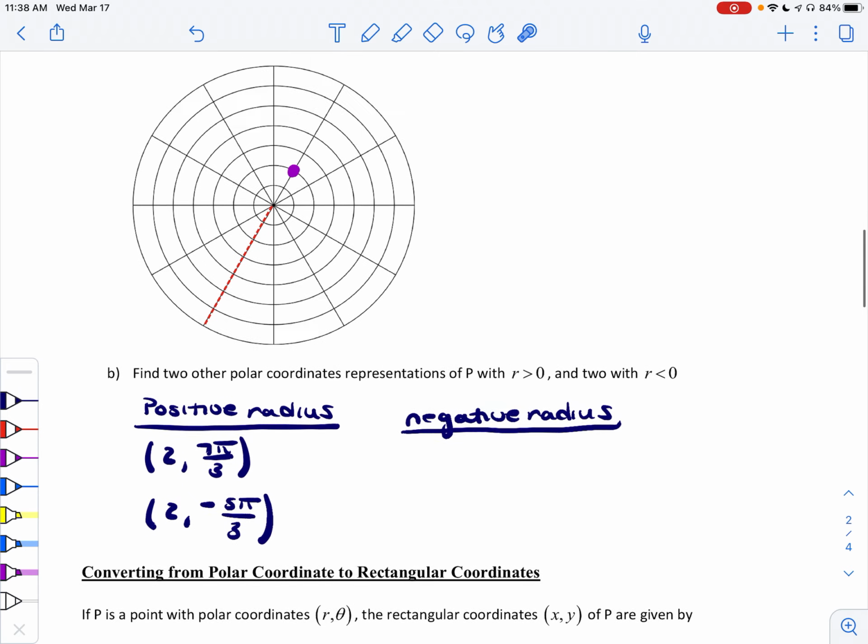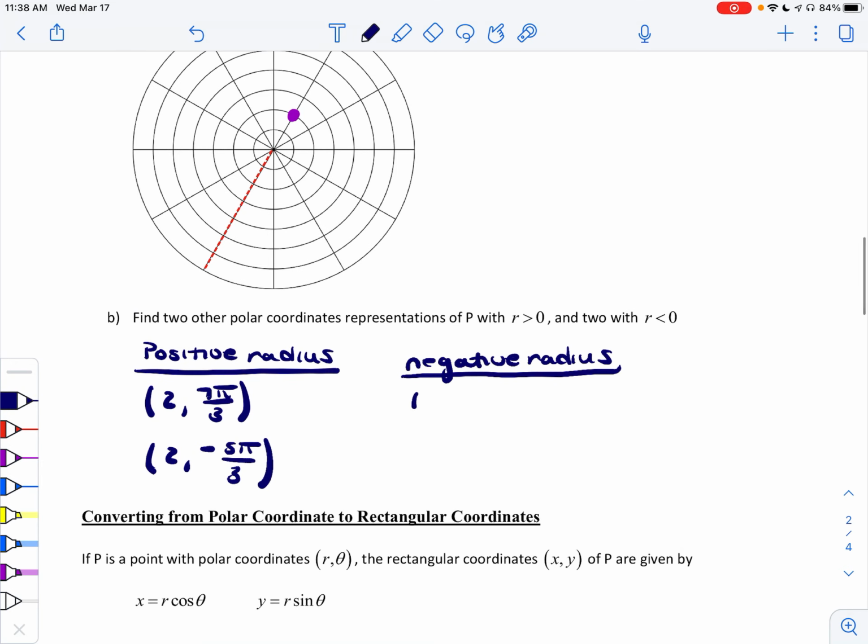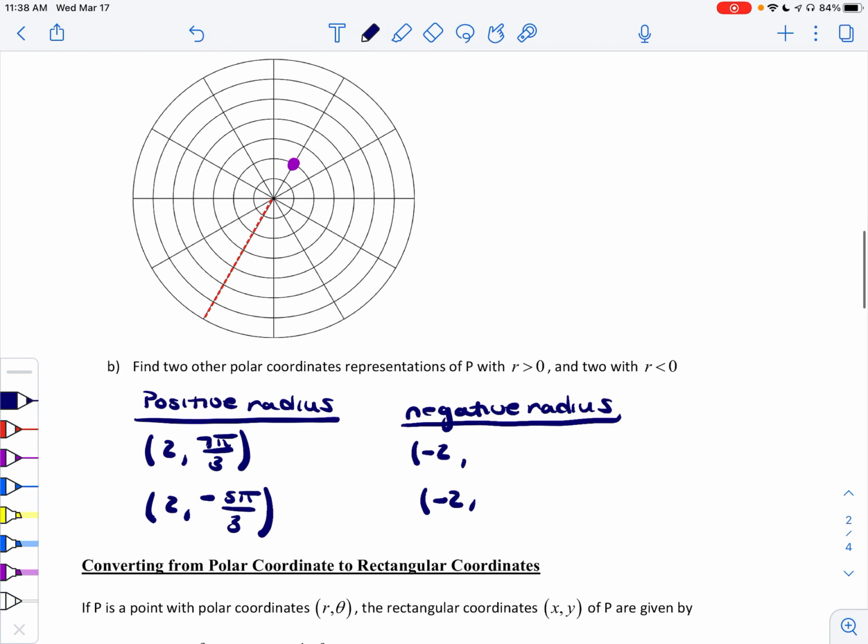So what that means for us is that we're going to try and find angles that fall on this line down here in quadrant 3, which then the negative radius will reflect us back up to quadrant 1. So we want to make sure that we have a radius of negative 2, so that when we're reflected across the origin, we get back to this point up here in quadrant 1.